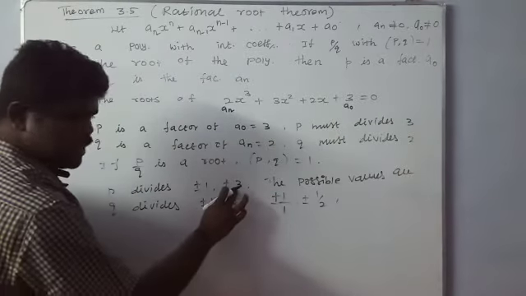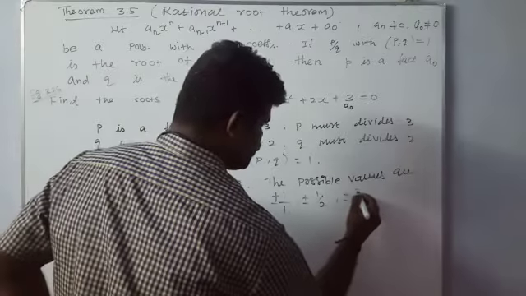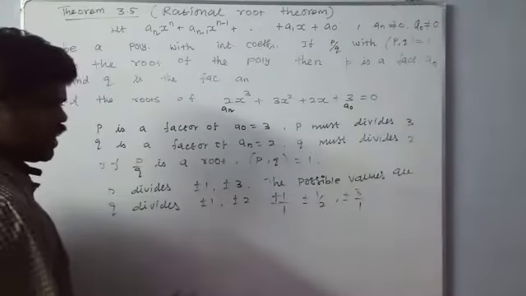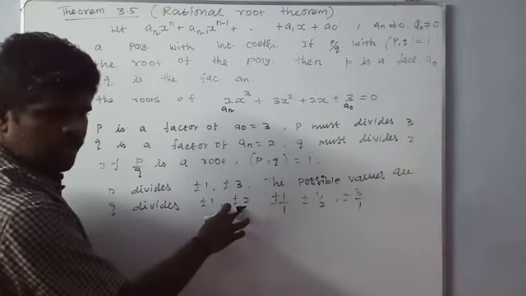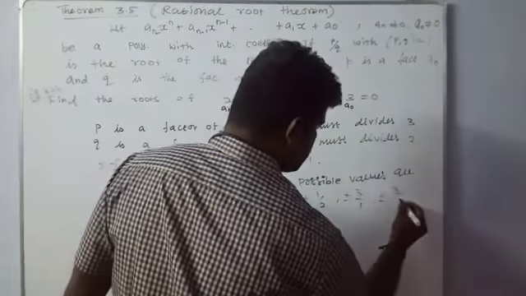Take plus or minus 3 over these two terms: plus or minus 3 by 1 and plus or minus 3 by 2.